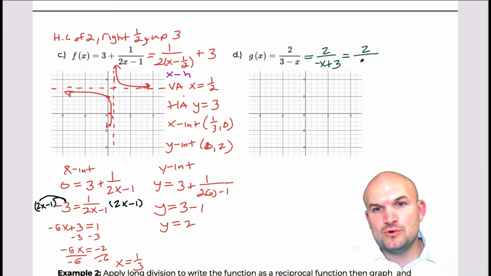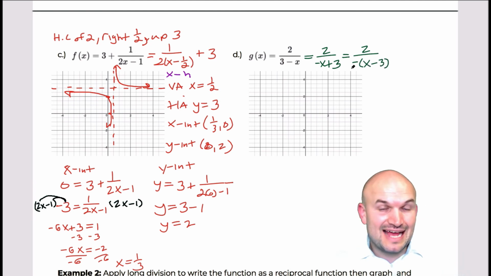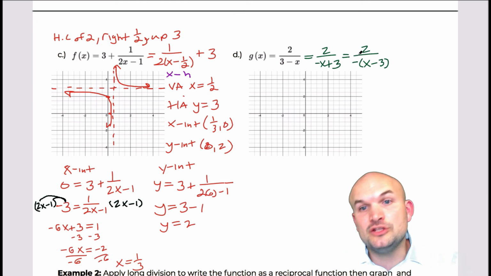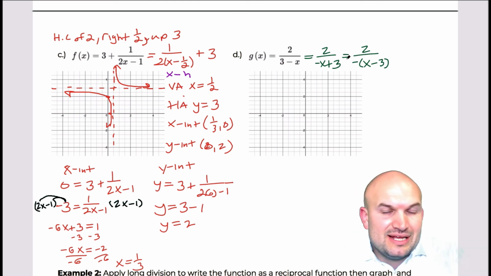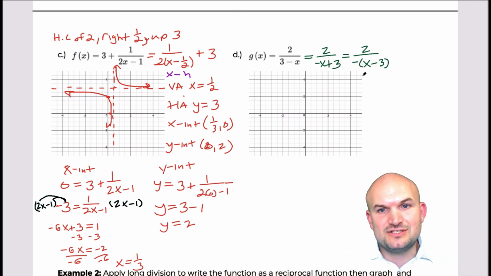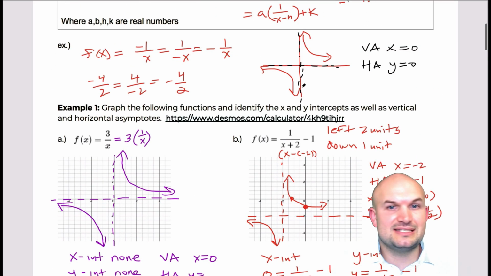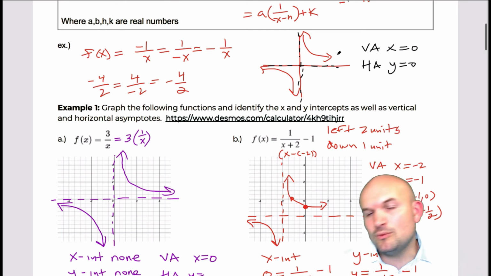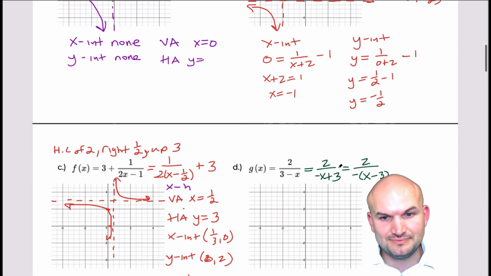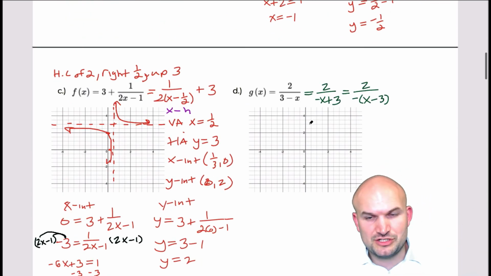So that's a 2 over a negative x minus 3. Now again, this negative can be in the denominator, it can be in the numerator, it can be in front. Either way, it doesn't really matter. It's a reflection of the x-axis or a reflection of the y-axis. Doesn't really matter, right? It's either one. If you reflect x-axis or y-axis, you're going to get the exact same graph. So all we know is we have this reflection.